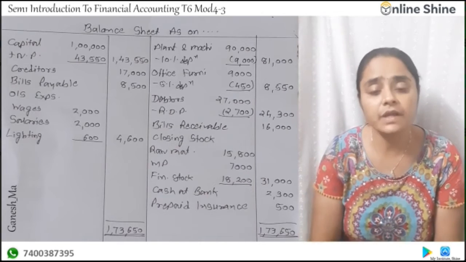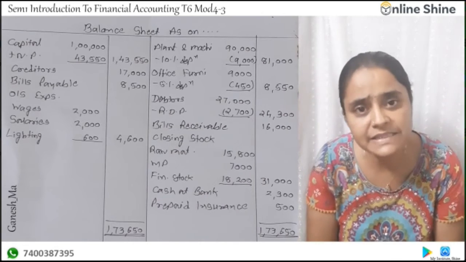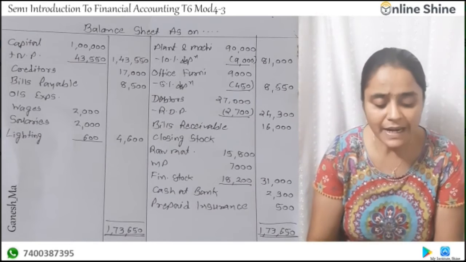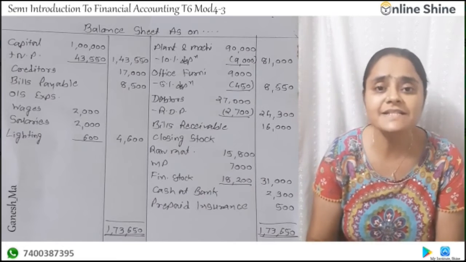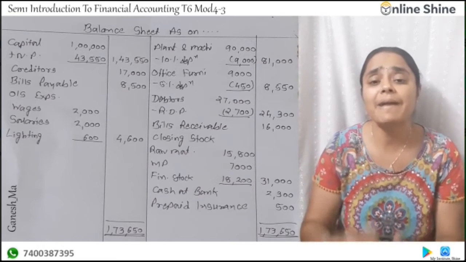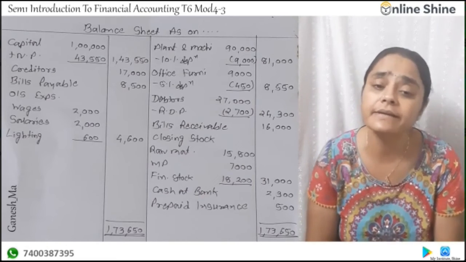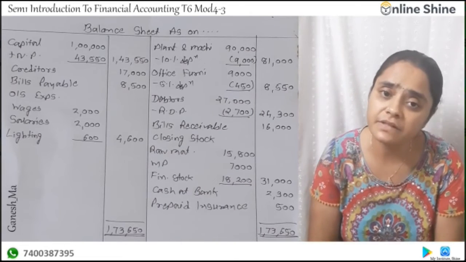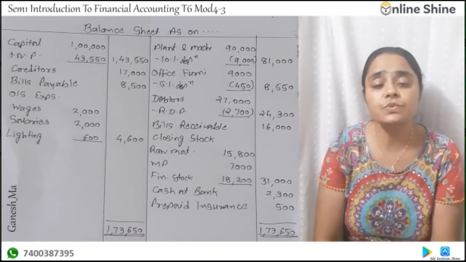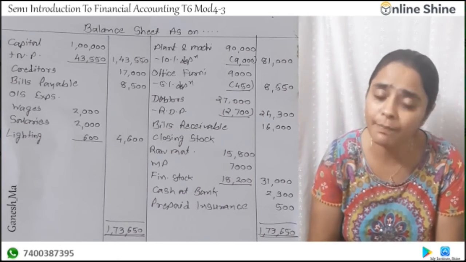Once you total all your assets, it comes to 1,73,650 over here. So the final stage which I have reached is that my balance sheet got tallied. The total of my balance sheet is 1,73,650.